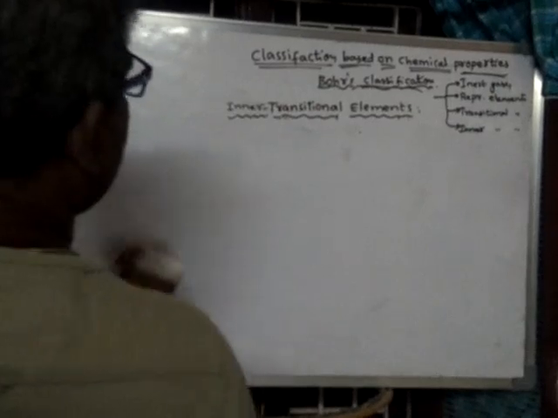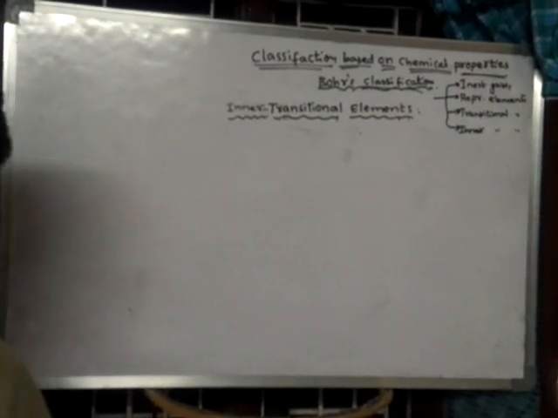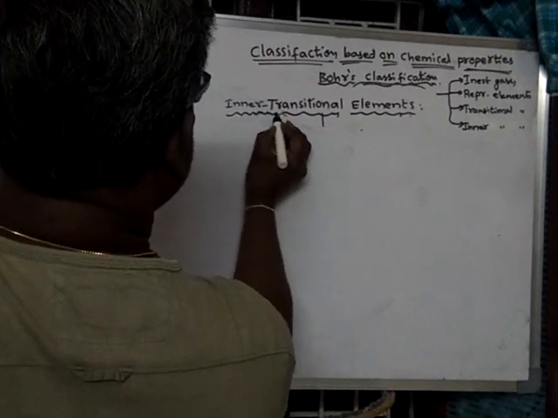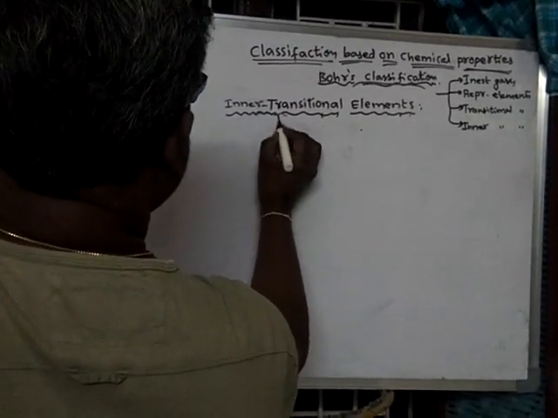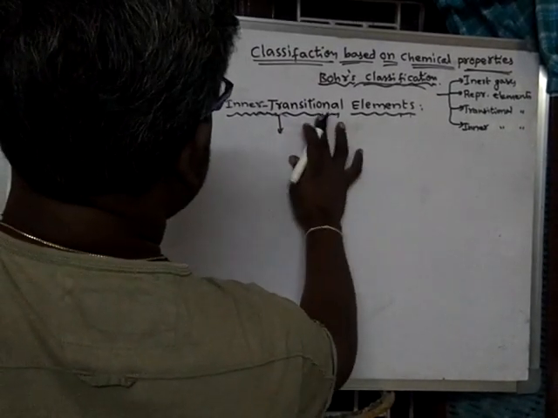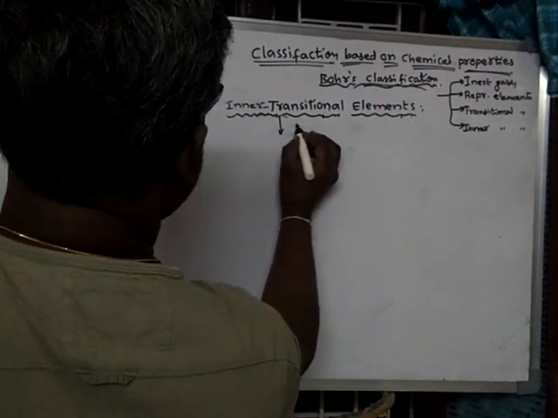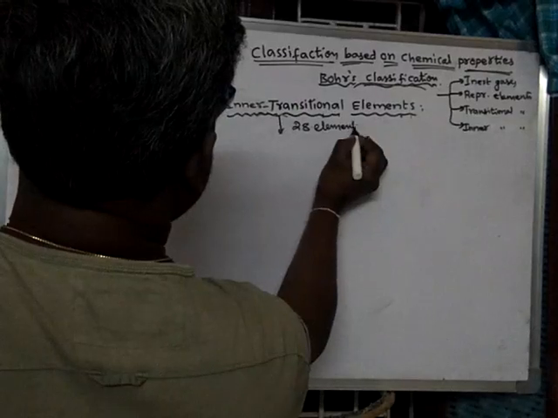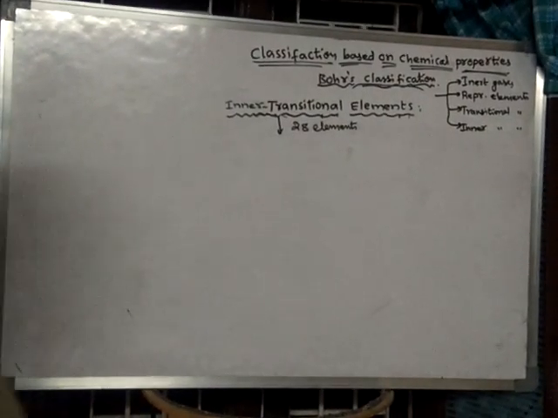There are 28 elements which belong to the inner transition series.